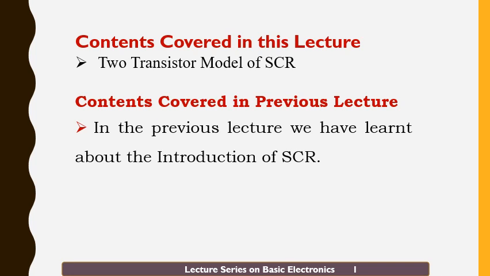When the gate current is applied and you will be getting the gate voltage applied to the SCR, then once we will be calculating what is the minimum value of gate current, and then that will be applied to the SCR, and after that only your SCR will be turned on.